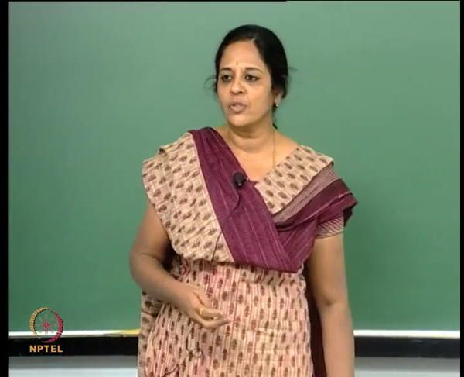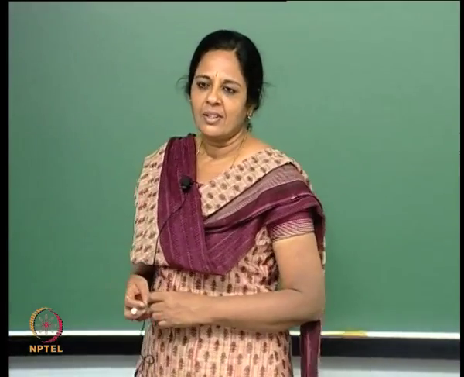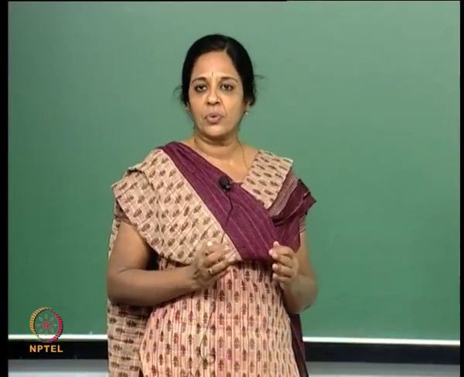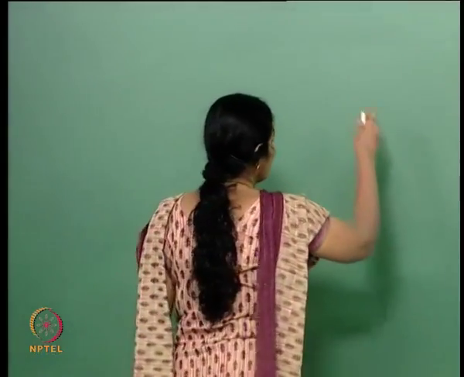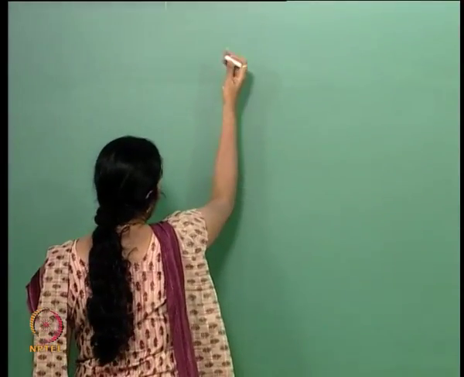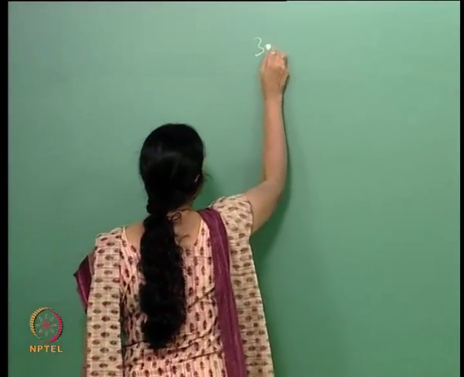Last lecture we were doing a separation of variables in spherical polar coordinates. This was in the context of working with del squared. So, basically we have the equation in 3 dimensions.